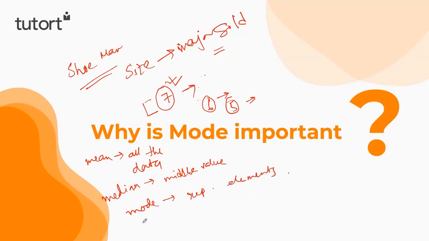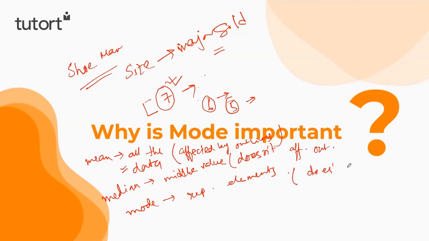That is the main difference between mean, median, and mode. Also, mean, as it considers all the data points, is affected by outliers, while median and mode are not affected by outliers.